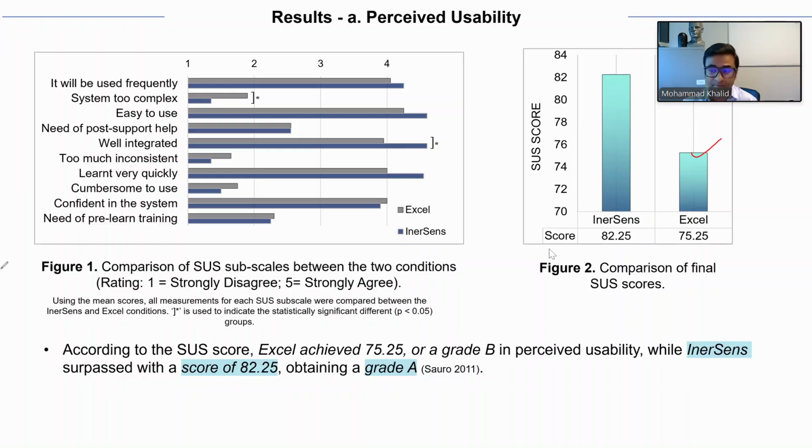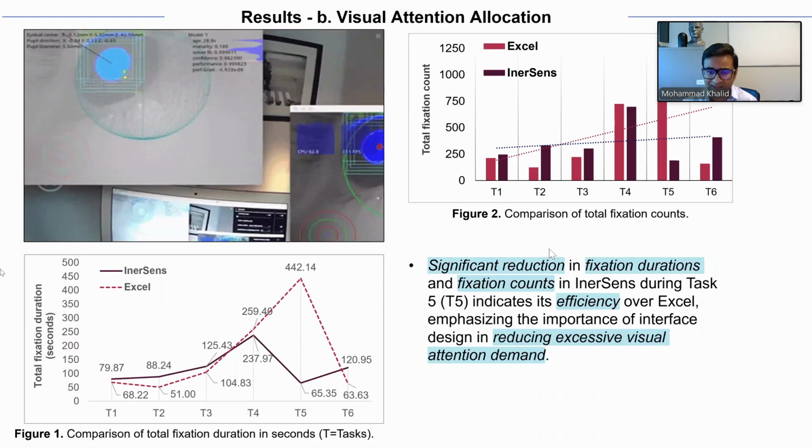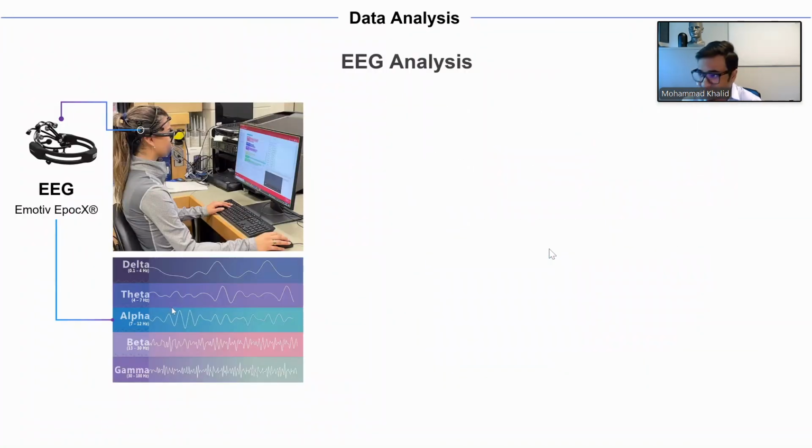Another piece of evidence that we have is the EEG analysis, because now we're talking about visual stuff. We're saying that Excel is maybe a little bit more tedious to use, and maybe in a sense it's easier to use. But how do we know for sure?